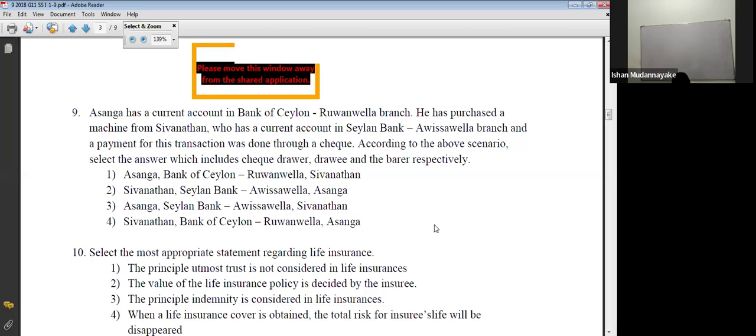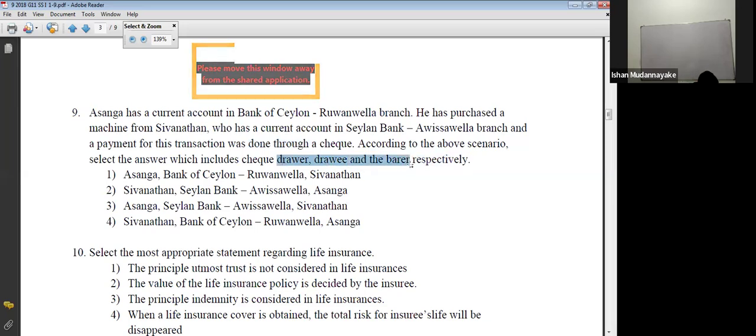Asanga has a current account in Bank of Ceylon, Ruanala branch. He has purchased a machine from Sivanathan, who has a current account in Ceylon Bank, Avsala branch, and the payment for this transaction was done through a cheque. According to the above scenario, select the answer which includes the cheque drawer, drawee, and bearer respectively. Bearer means payee. Who is the drawer? Asanga. The drawee is Bank of Ceylon. Who is the bearer?